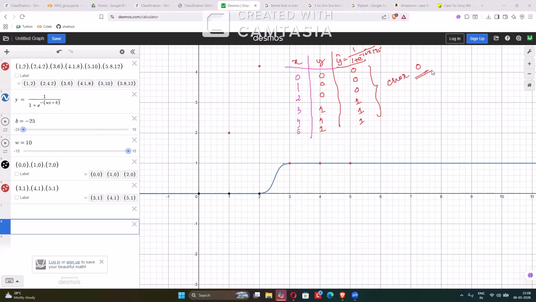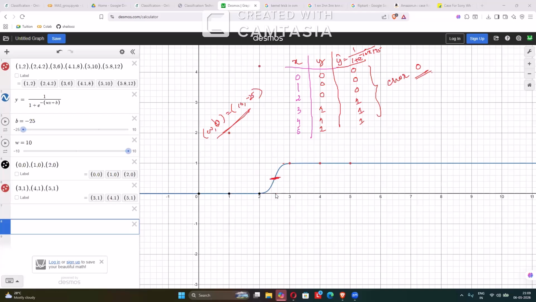So appropriately, we need to find the values of w comma b as 10 comma minus 25, provided this error must be minimum.